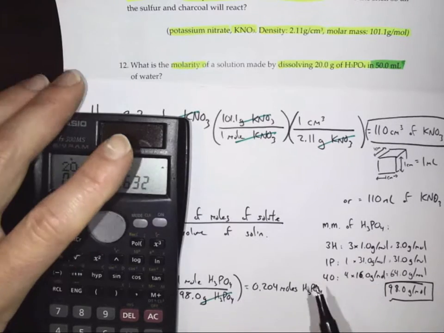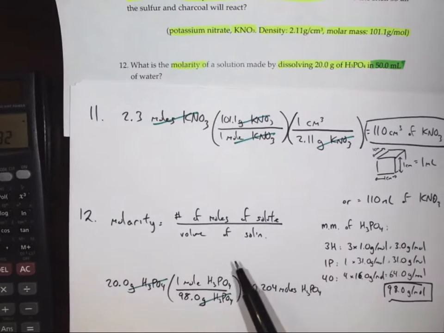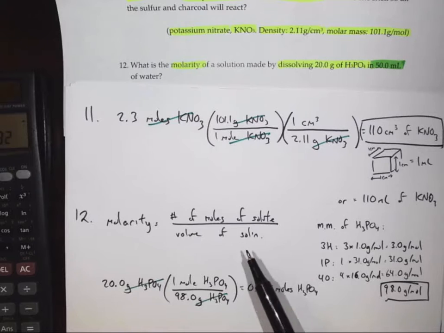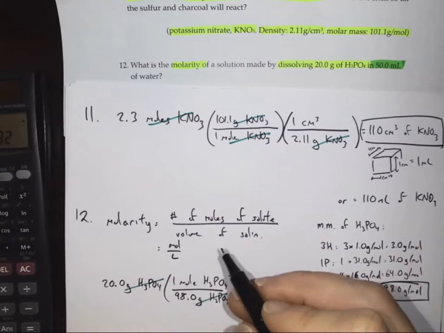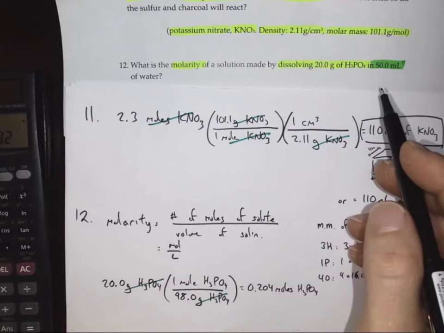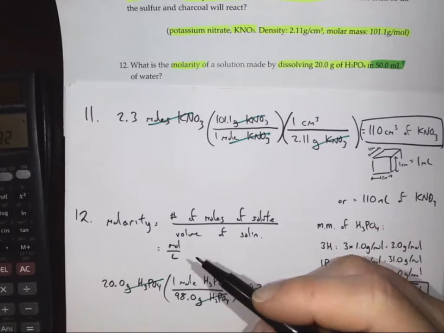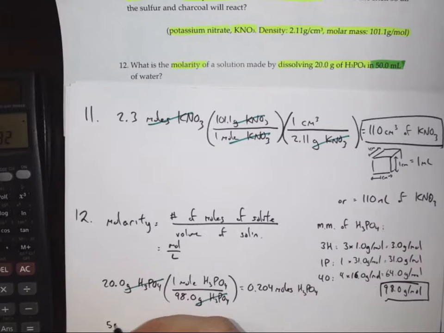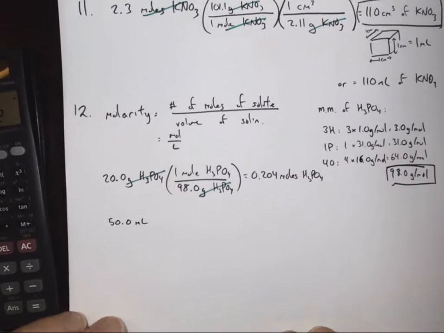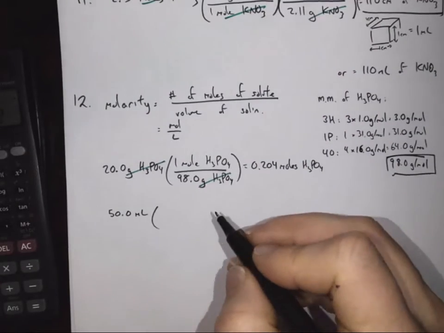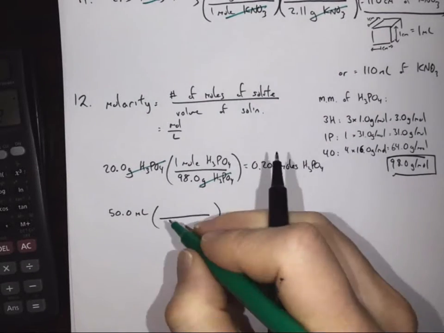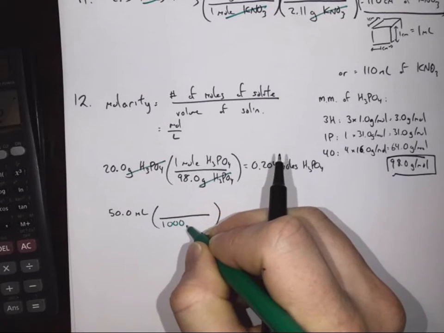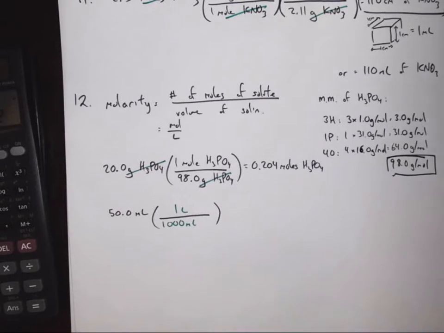Now, the last thing we need to do is find the volume. Molarity is expressed in units of moles per liter, so we need to make sure we've converted our volume of 50 mL into liters. So we'll convert 50.0 milliliters into a number of liters. I know that there are 1,000 milliliters in 1 liter.